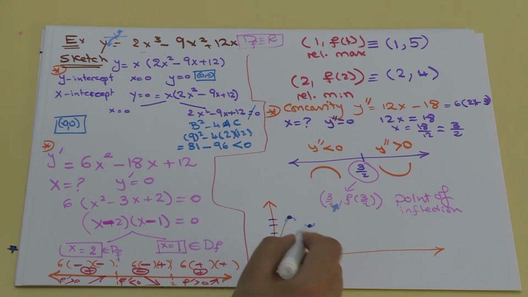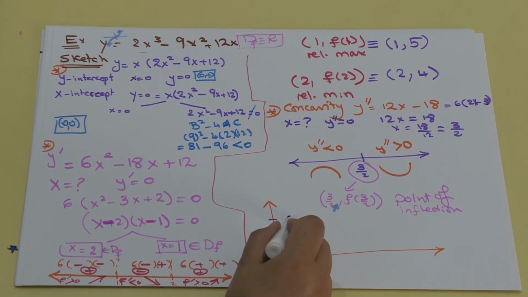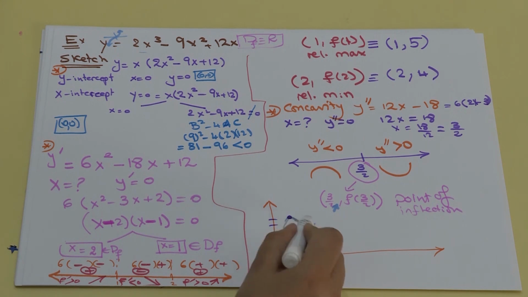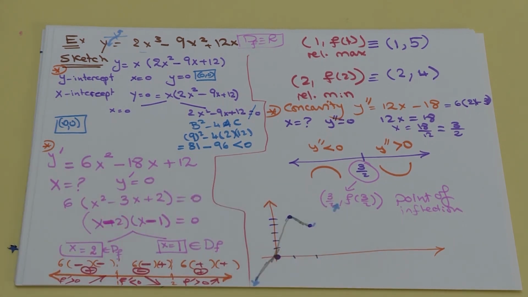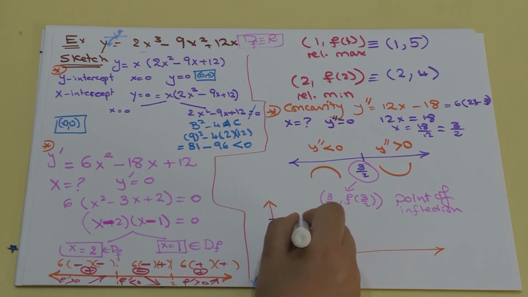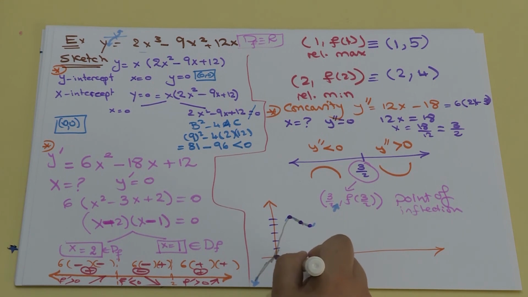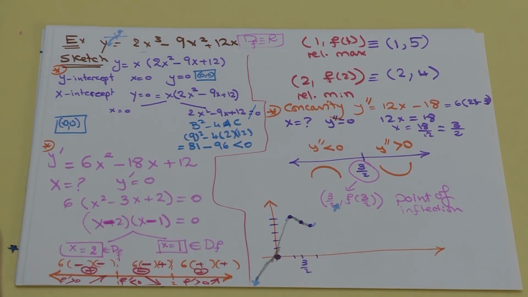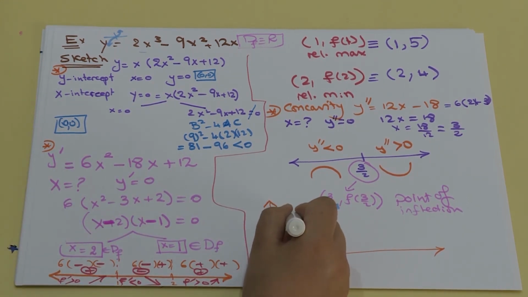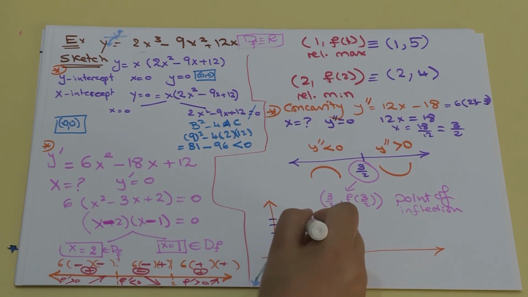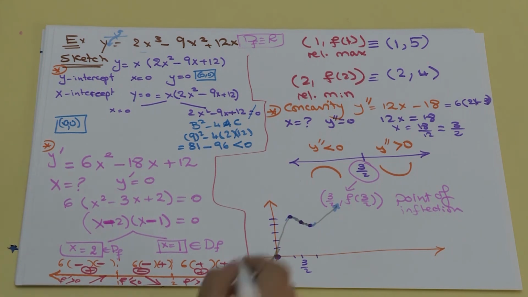And then after 1, between 1 and 2, the function will decrease, and it will flip concavity at some point here, which is 1.5, or 3 over 2. Can we see that it is flipping concavity? Yes, it was concave down all the way until it came here, and then it starts flipping concavity, and we reach over there. So this is the sketch of the graph. Thank you very much.